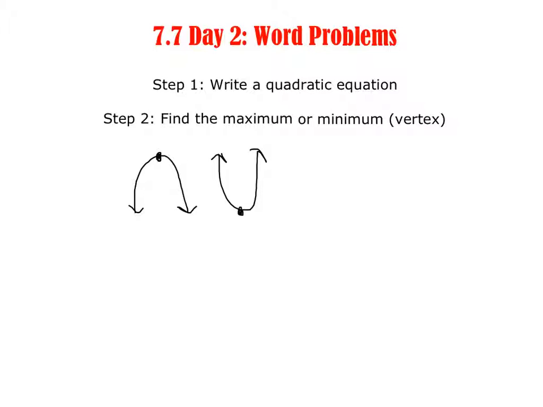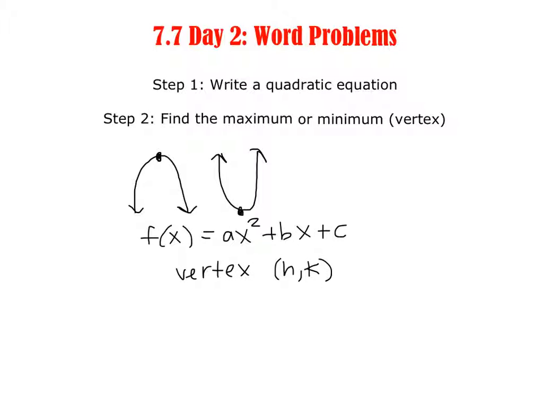So there are a few formulas that you need to memorize for this. One you already know. So for any quadratic in general form, ax squared plus bx plus c, we can find the vertex, which is hk, that you know. But here's the new formula.